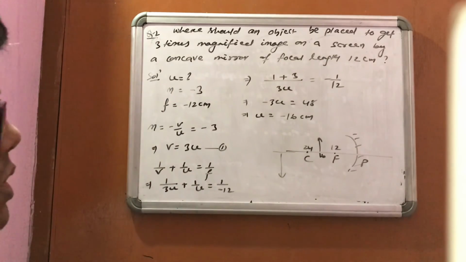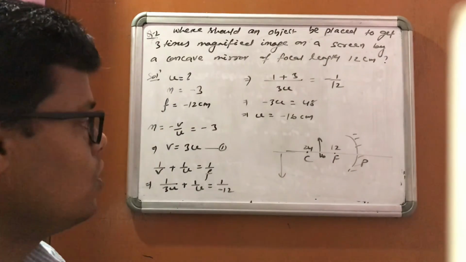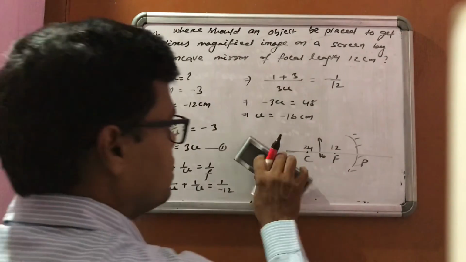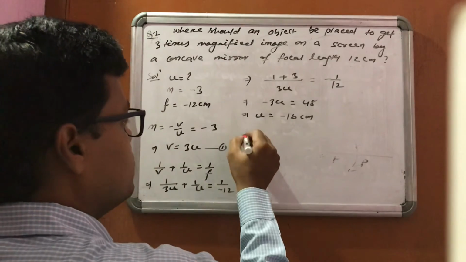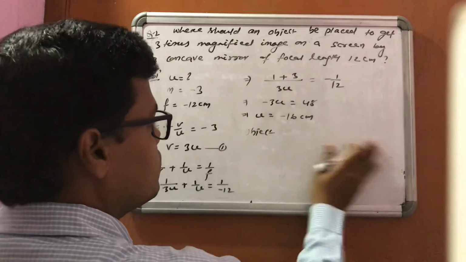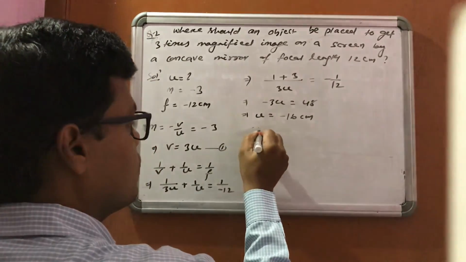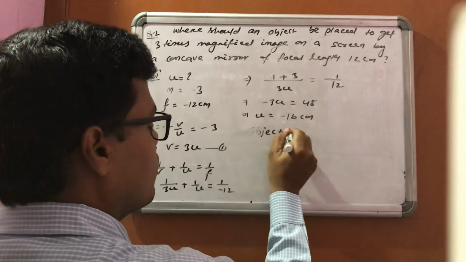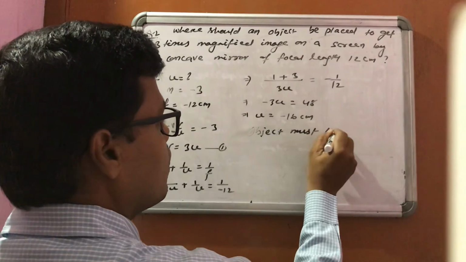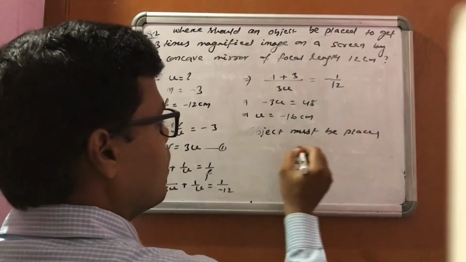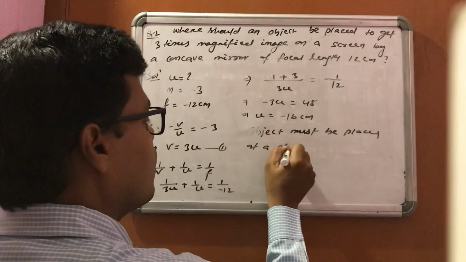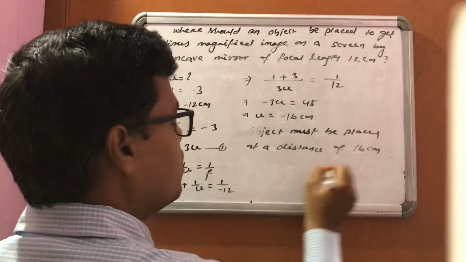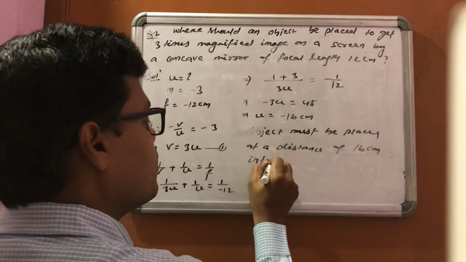It is found beyond C. So finally what should be written? Where should an object be placed? The object must be placed at a distance of 16 centimeter in front of the mirror.